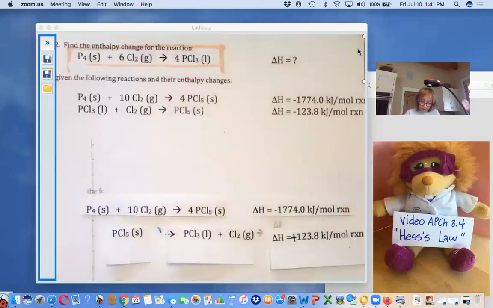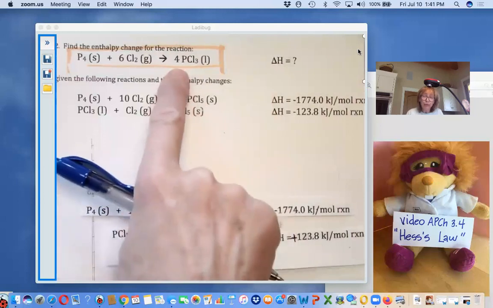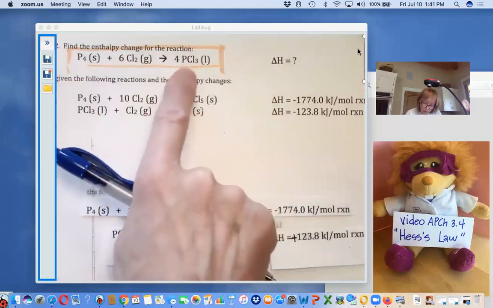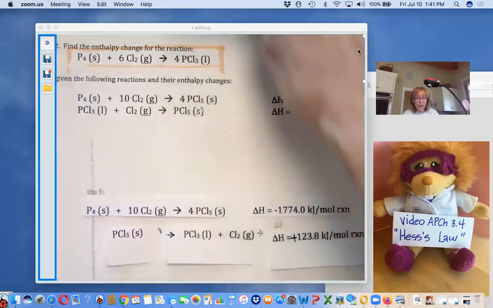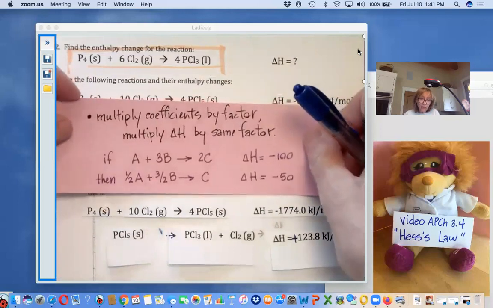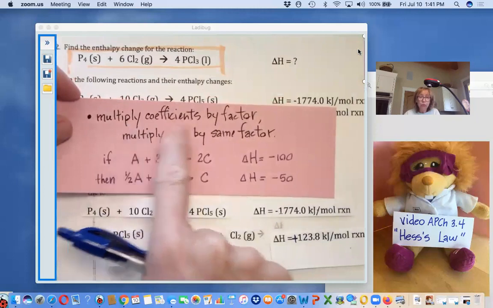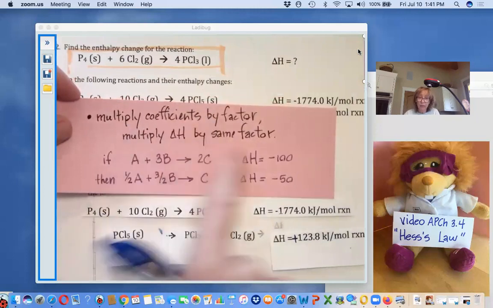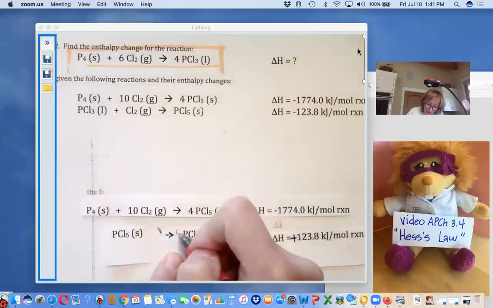Okay, but now let's go back again. I really need to end up with 4 PCl3s, and I only have 1. So this is where I use cool trick number 2, which tells me if you multiply an equation through by some factor, just do the same thing to the delta H. I want to end up with 4 PCl3s, so I can't just change that one.